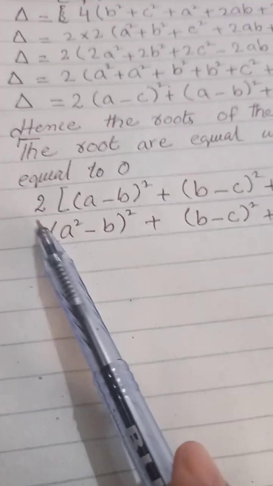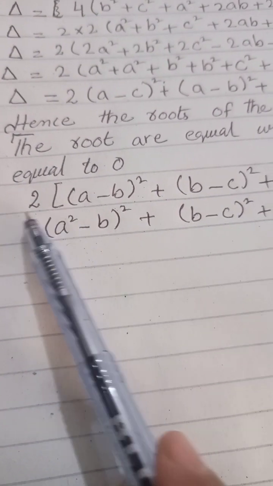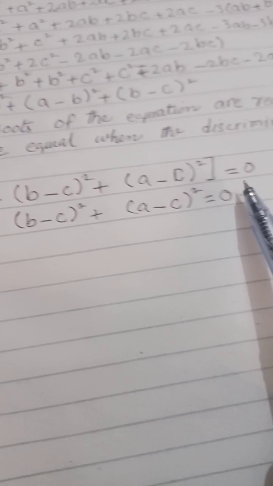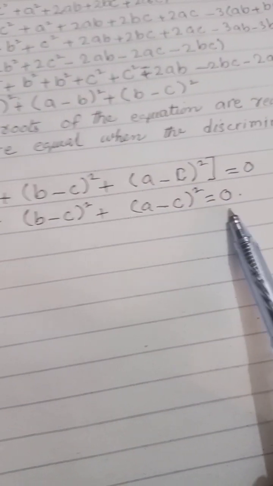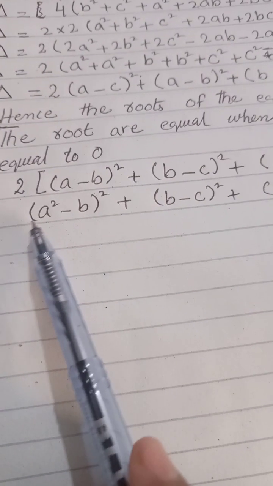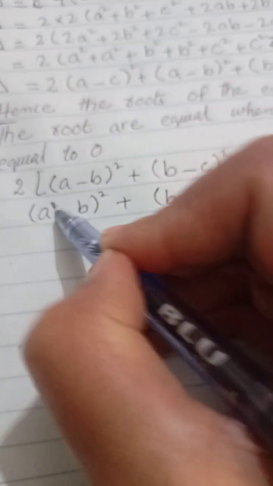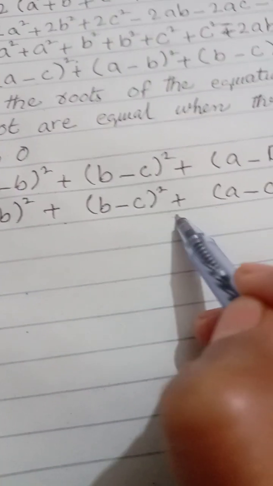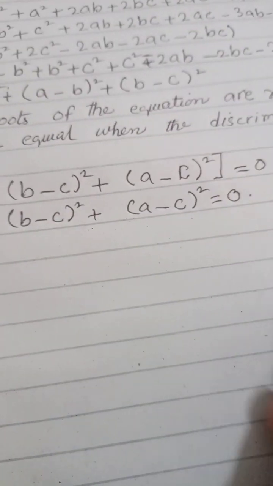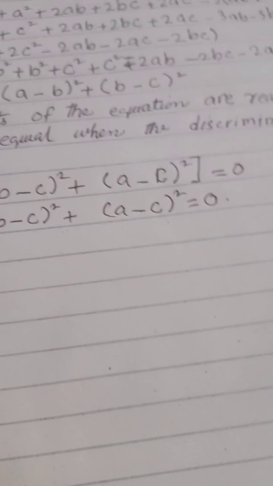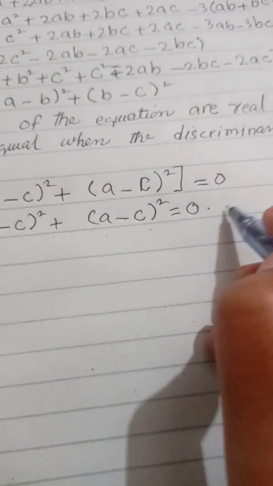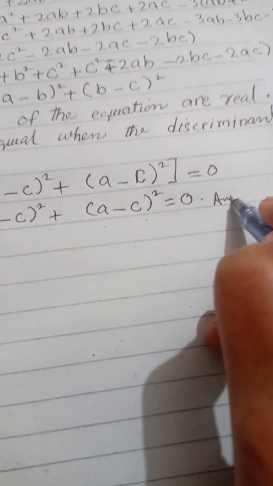Now this 2 multiplied with the bracket, so 2 multiplied with 0 equal to 0. Now our answer is (a minus b) whole square plus (b minus c) whole square plus (a minus c) whole square is equal to 0. This is our answer. Proved.